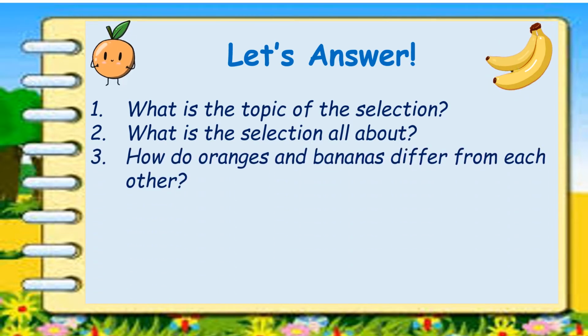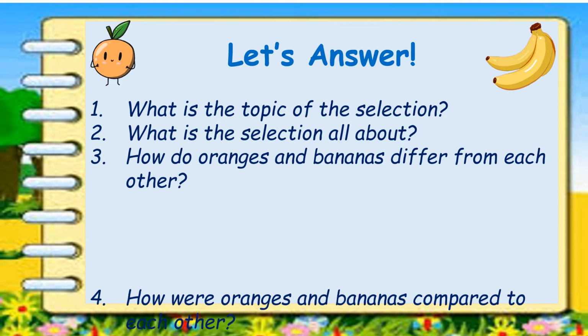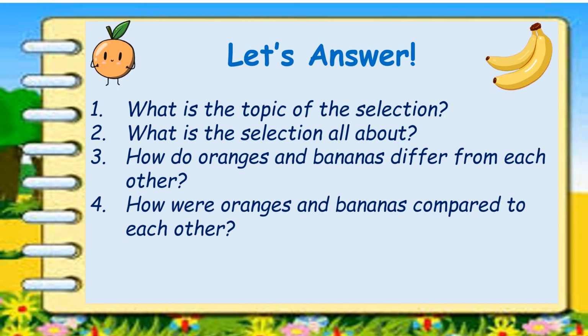How do oranges and bananas differ from each other? Probably you have many answers to this. Well, in the selection, oranges and bananas differ from each other in terms of shape and color, and also something about their seeds.